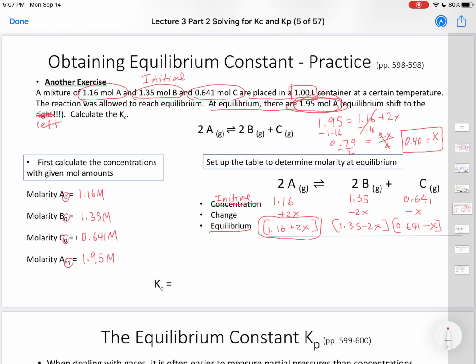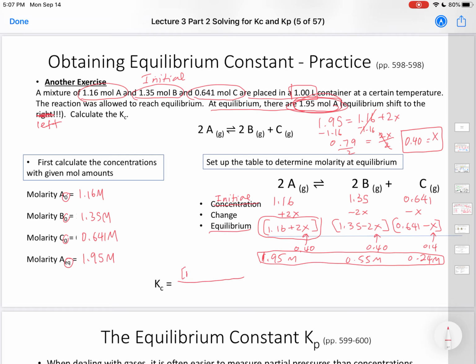Okay. So now that I have x, I'm going to stick it in here, here, and here. Okay. This is going to get me 1.95 molar here, and 0.55 molar here, and 0.24 molar here. Okay, that's my molar composition.